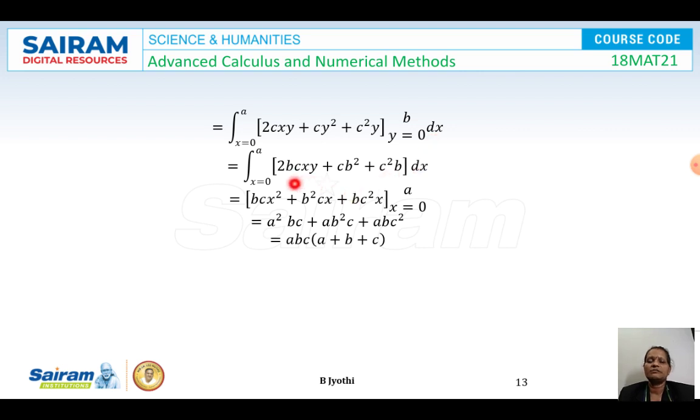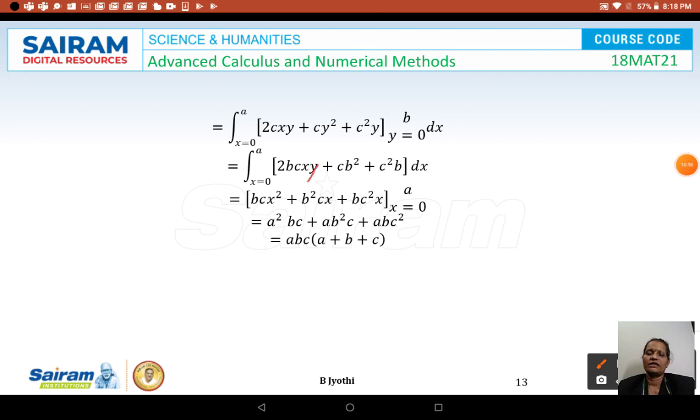Next, when I substitute in the place of y as b, we get 2bcx plus cb square plus c square b into dx.